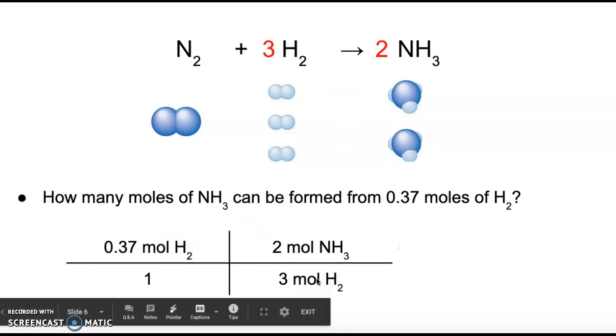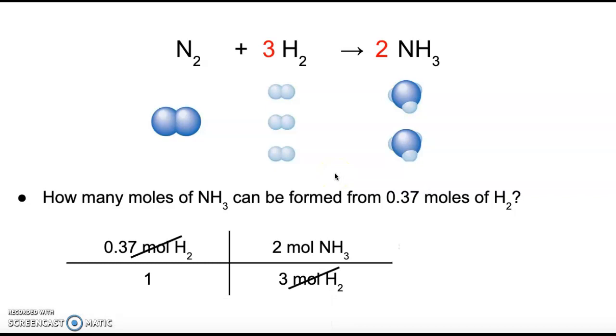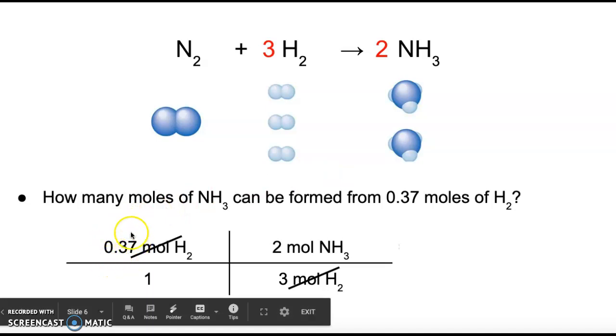And I'm going to put 2 moles of ammonia on the top to introduce moles of ammonia here. Now, moles of hydrogen and moles of hydrogen will cancel, leaving me with the unit that I want. And now I can multiply across. So 0.37 times 2 divided by 3. And that's going to give me 0.25 moles of ammonia. And again, I've got 2 sig figs in my question here. So I want 2 sig figs in my answer.